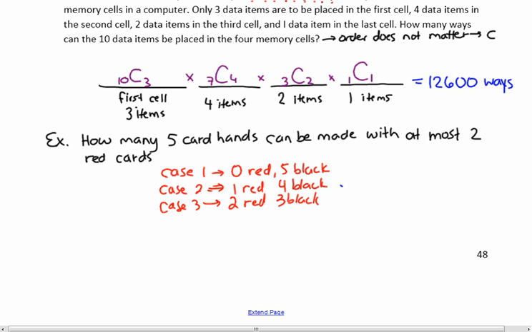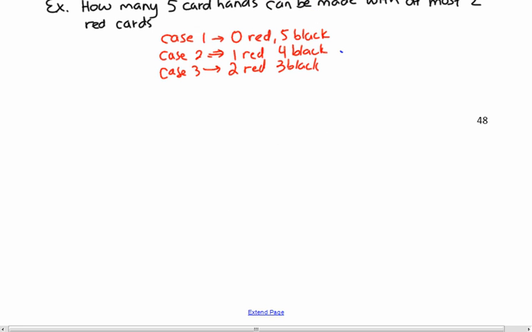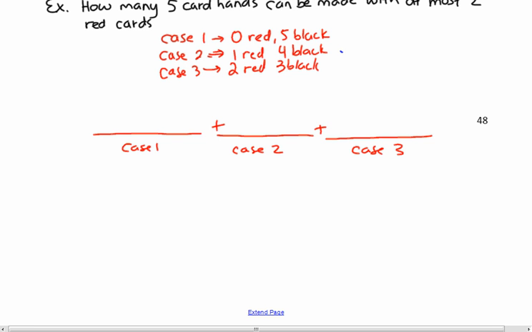So we want to solve them individually and add them together. This is an or situation, in between case 1 or case 2 or case 3. Solve them individually and then add them together. Do this all at once. So in case 1, we said 5, I don't have to choose. I can just go straight because we don't want any red. You can do 26 different cards, choose 0, but we can go straight to just the black.